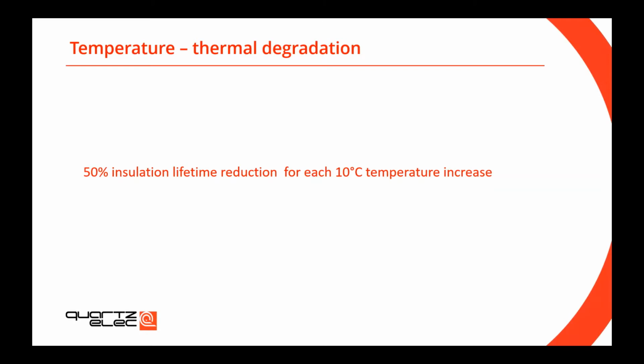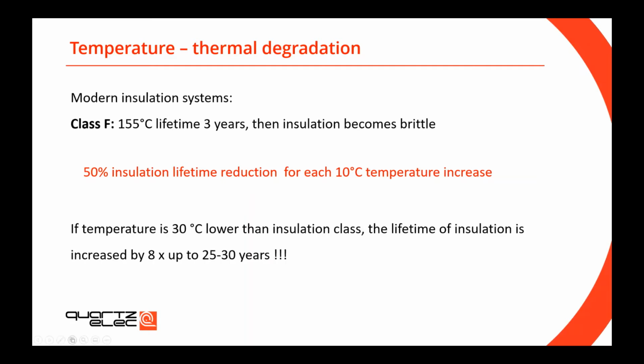Now, temperature and thermal degradation. Let me read that sentence for you. 50% insulation lifetime reduction for each 10 degrees temperature increase. That's an important sentence, I would say, because if you assume that all modern generators have class F insulation, which is 155 centigrades, if the machine is running at that temperature, close to 155, the lifetime is around 3 years.